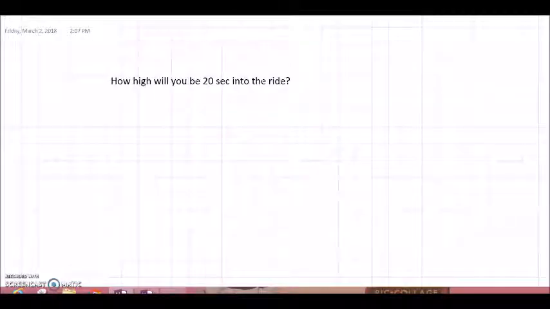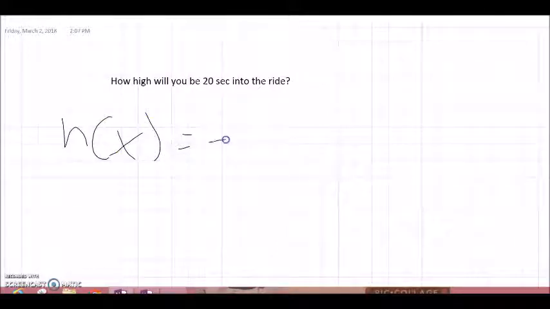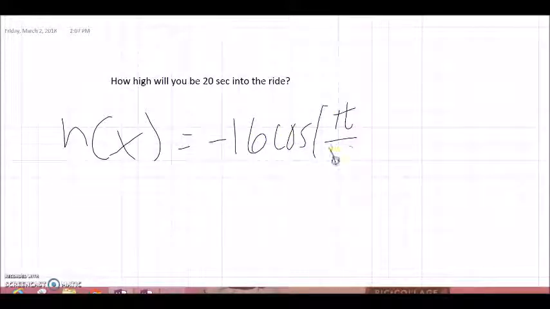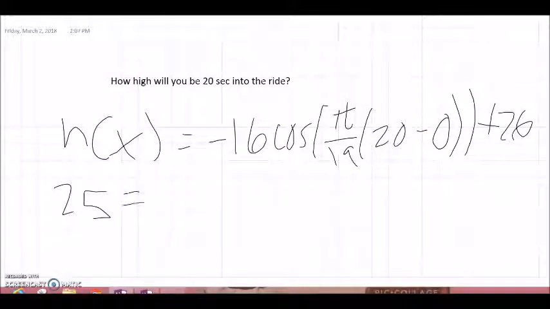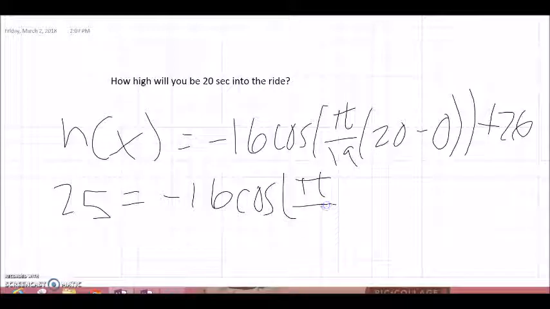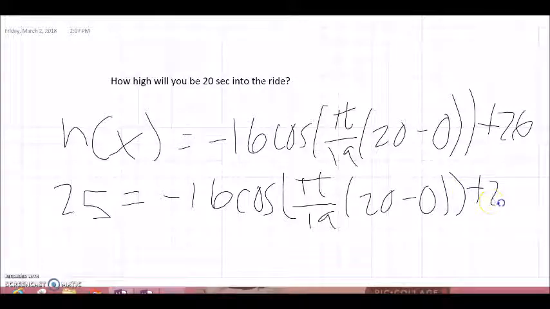How high will you be 20 seconds into the ride? So our equation is h of x equals negative 16 cosine pi over 19 parentheses 20 minus 0 parentheses plus 26. So we do 25 equals negative 16 cosine pi over 19 20 minus 0 plus 26. We then subtract 26 from both sides.